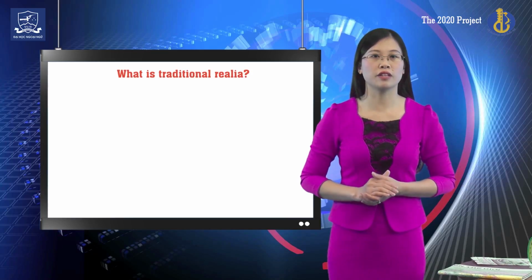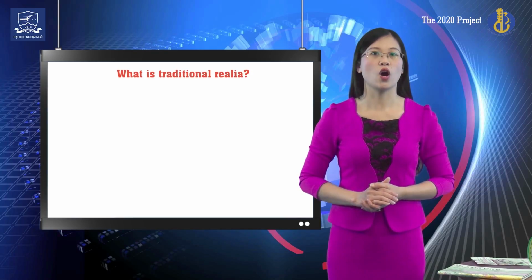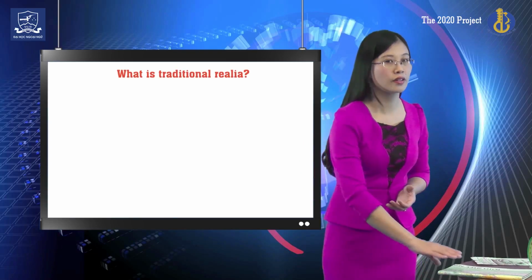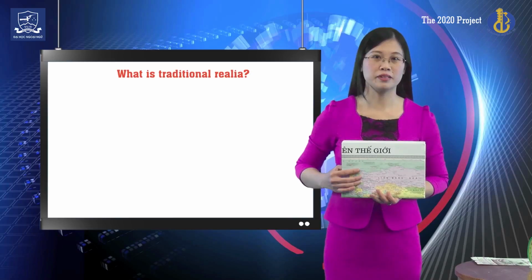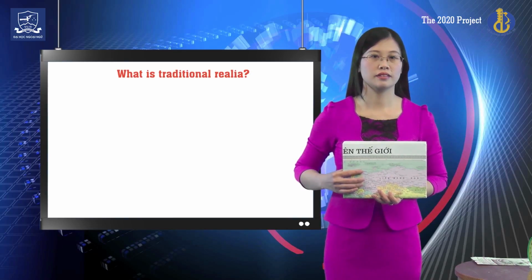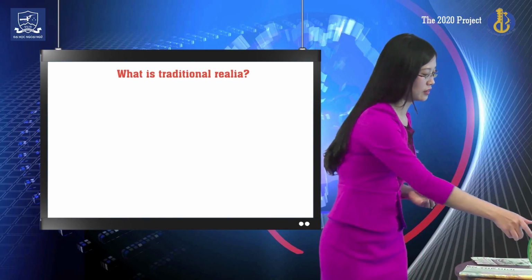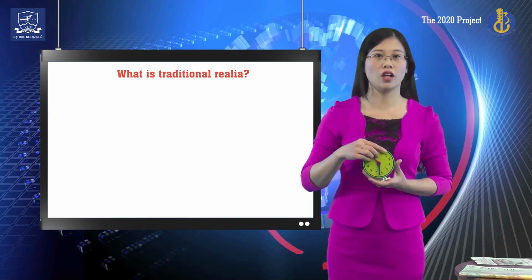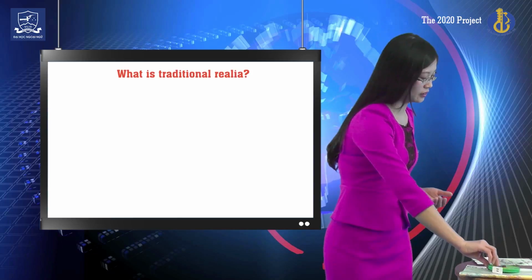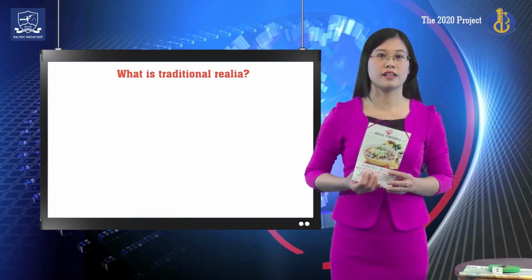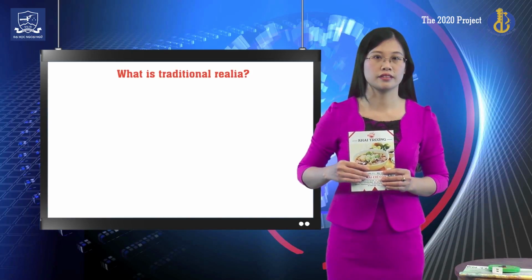Now, let's have a look at these things and say what they are. This is a map, a clock, and a leaflet.